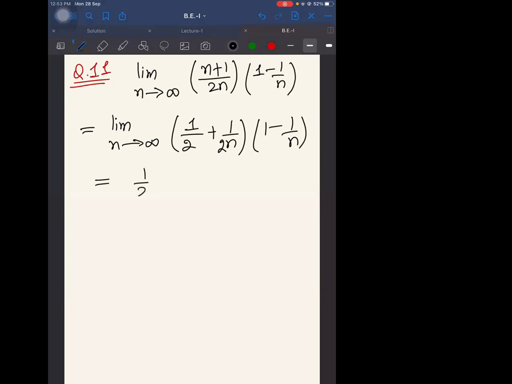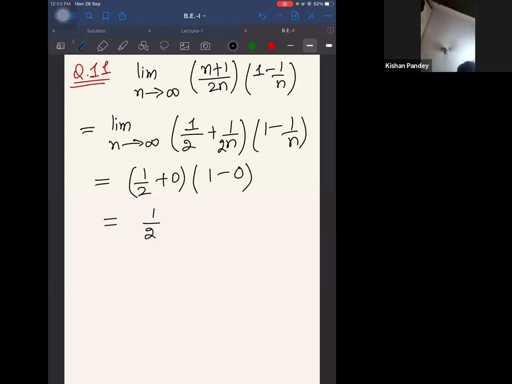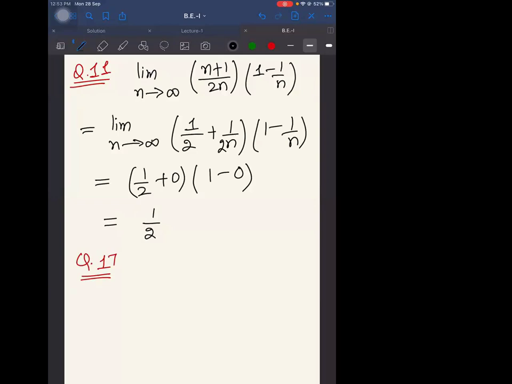So you know that 1 by 2n and 1 by n will result in 0, so it should be 1 by 2. So that is limit n tends to infinity sine of (pi by 2 plus 1 by n).